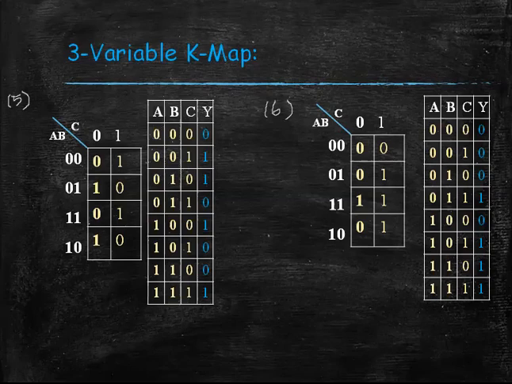Here the SOP is y is equal to sum of 3, 5, 6, 7.